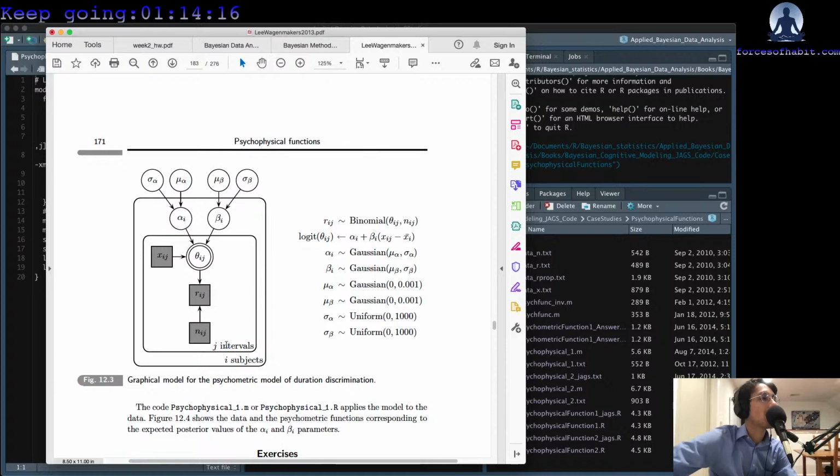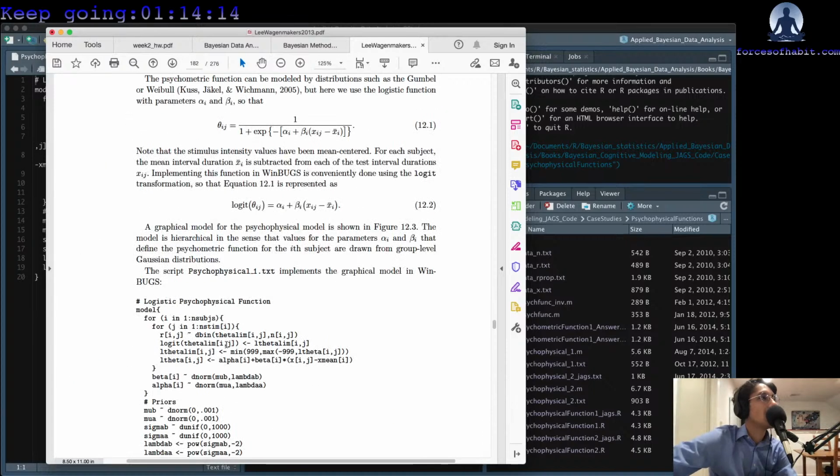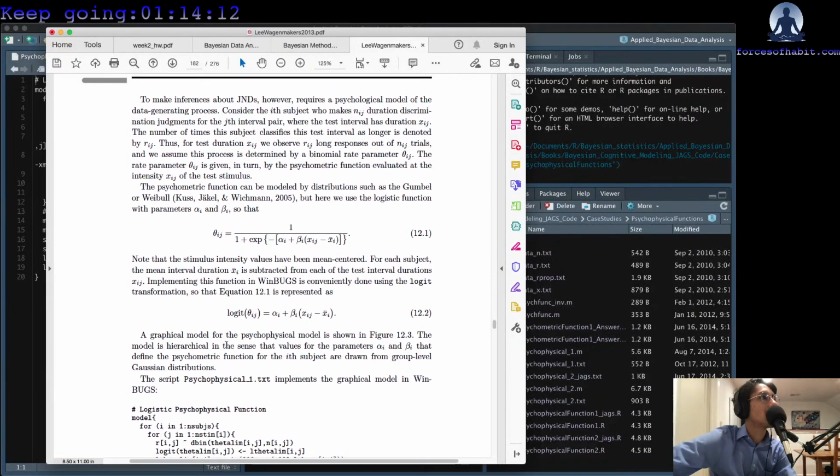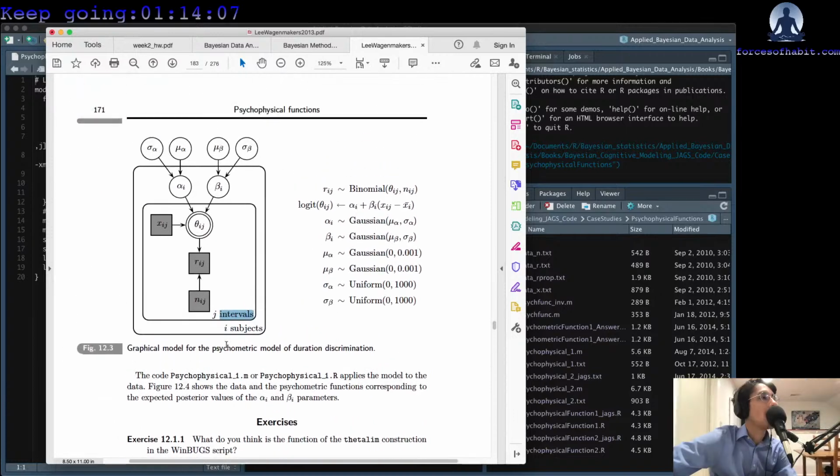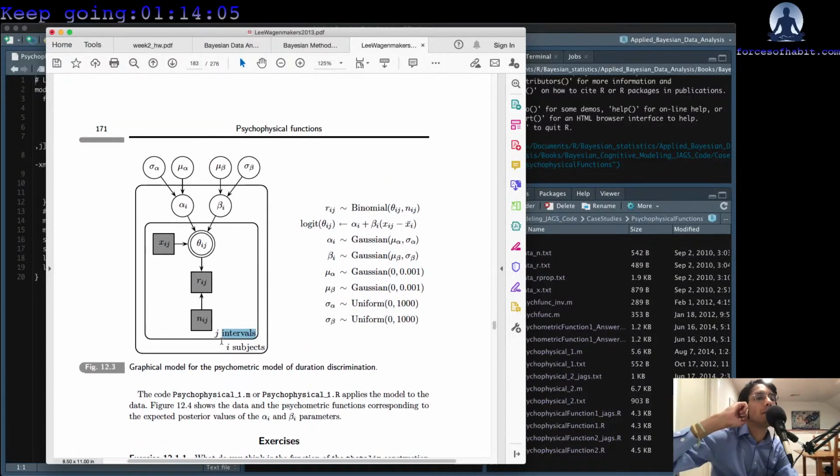Intervals here represents the pair of stimuli between the first beep and the second beep. So we have some set of intervals, and across all those intervals, we have information about each of the subjects.